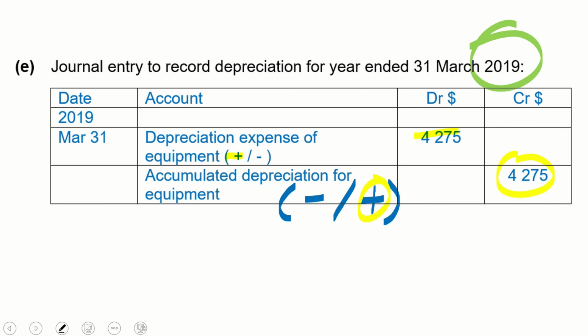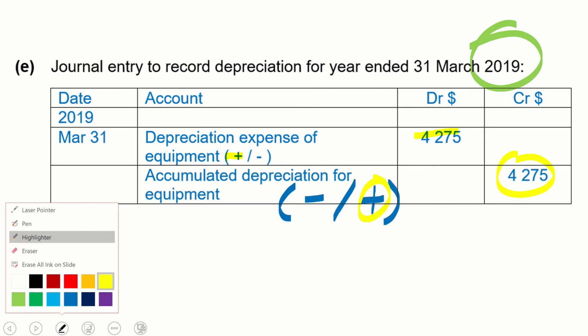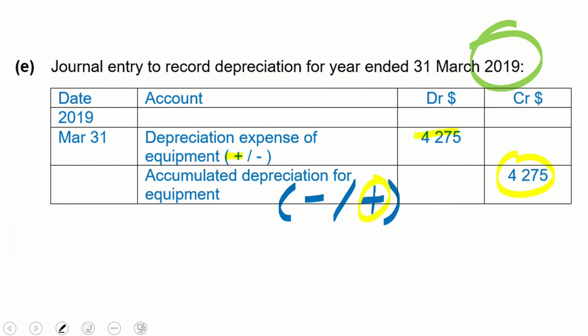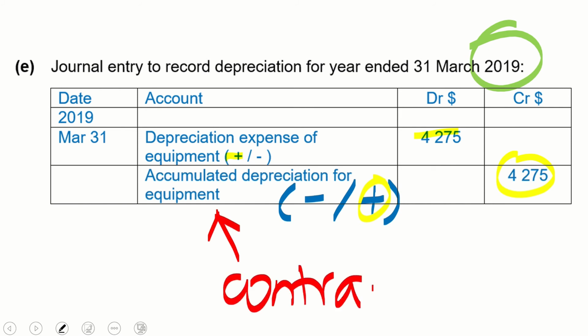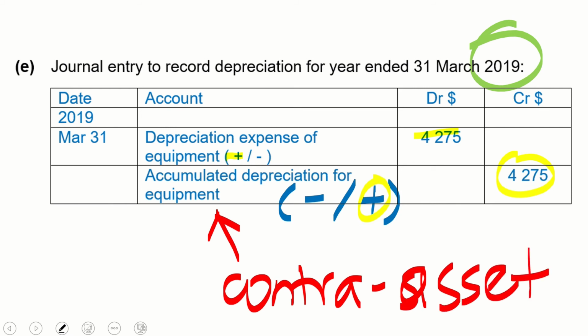Accumulated depreciation is a plus. That's why credit. I want to remind you that accumulated depreciation is a contra asset, and that is why the accounting rule is minus, plus. It's the opposite of asset.